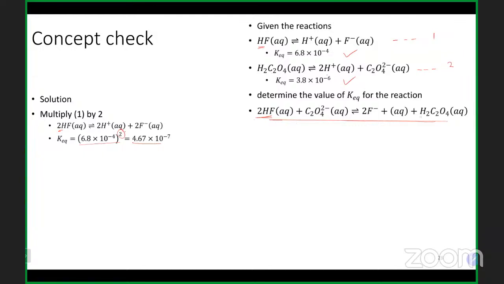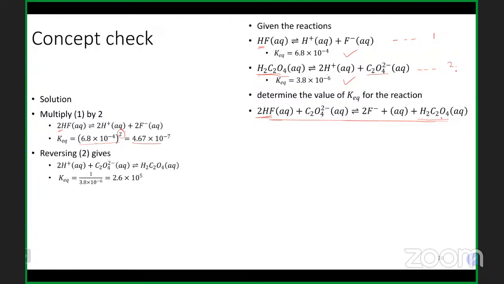So comparing equation 3 with equation 2, I noticed that H2O, which is on the reactant side in equation 2, is on the product side in equation 3. C2O4, which is on the product side in equation 2, is on the reactant side. So it suggests to me that we need to flip or reverse reaction 2.